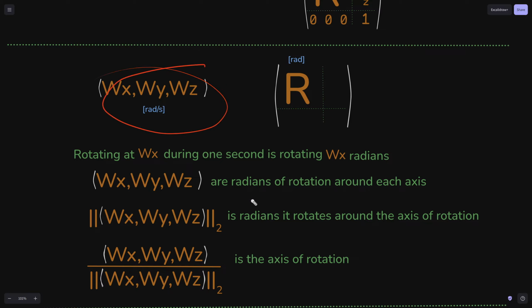So you normalize this vector, you get the axis of rotation. You compute the length of this vector, and you know the radians around this axis of rotation. If you analyze each component of this vector, you know around each axis the radians it rotates, okay?